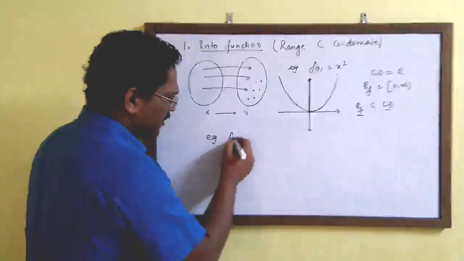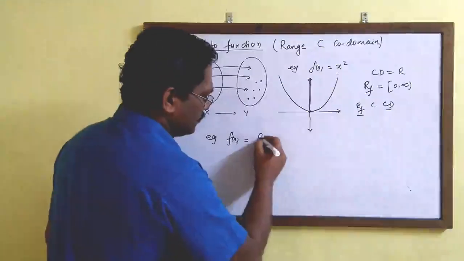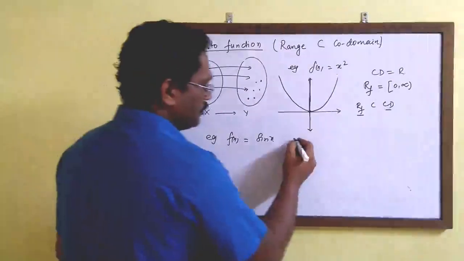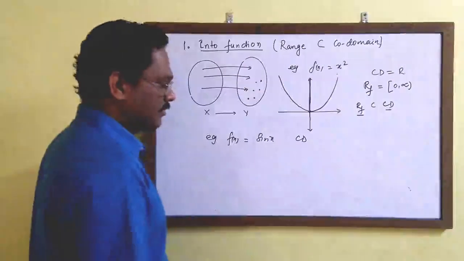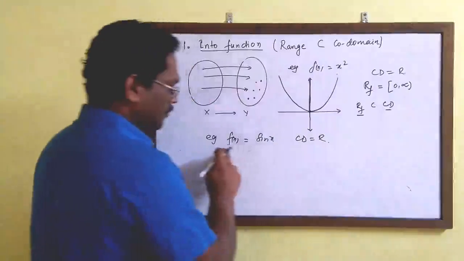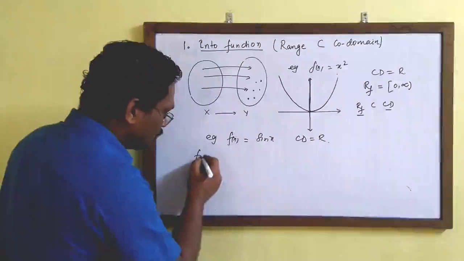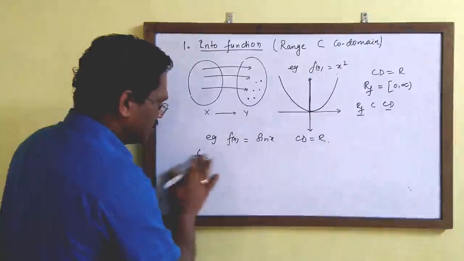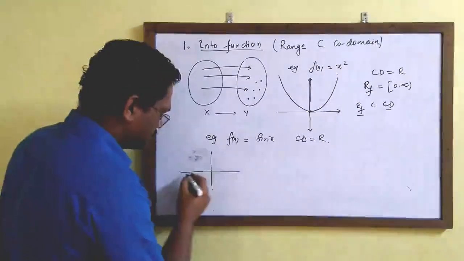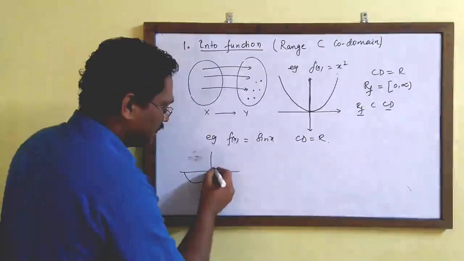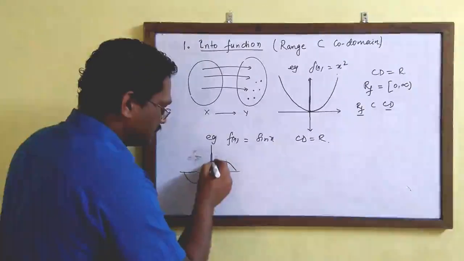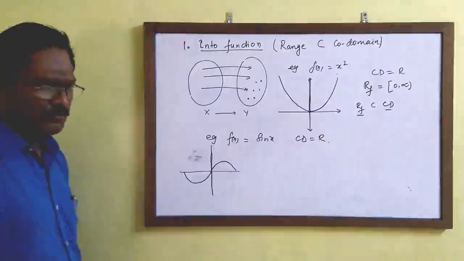Let us take another example. Say f(x) equal to sin x. Here also what is the codomain? The codomain is R, because here also I didn't mention any set. Now suppose I'm drawing the graph of this function. Sin x will form a graph like this. See, the whole y-axis is the codomain.